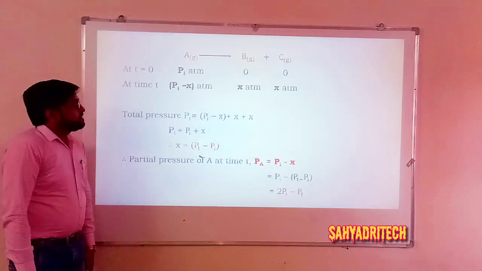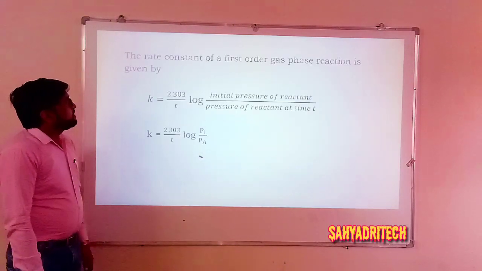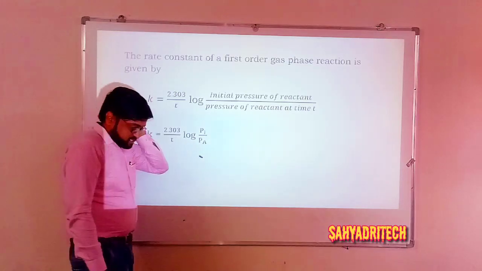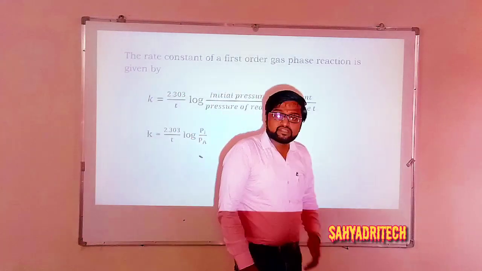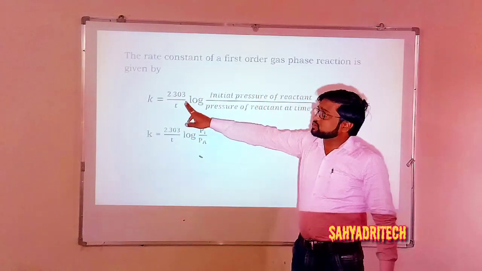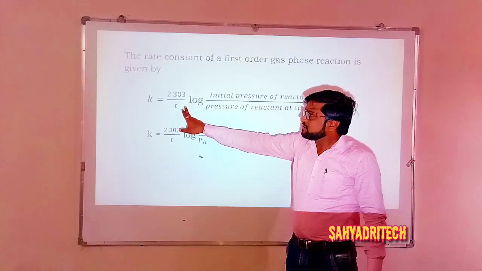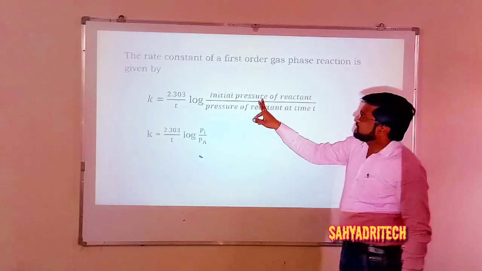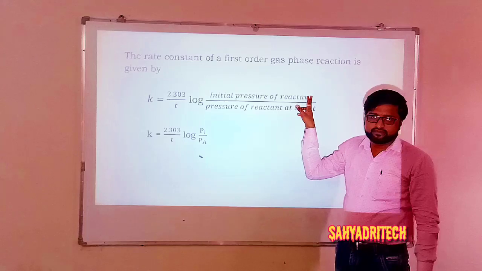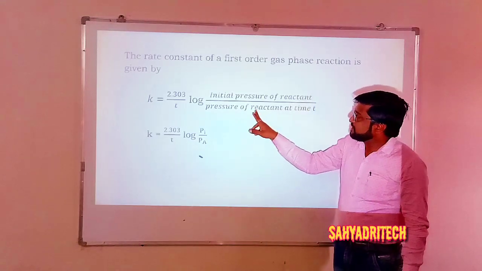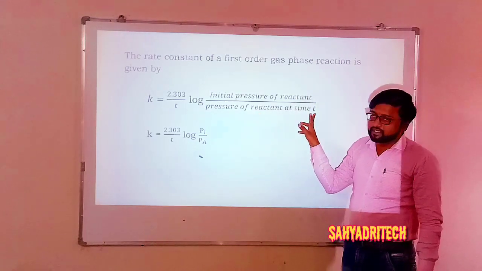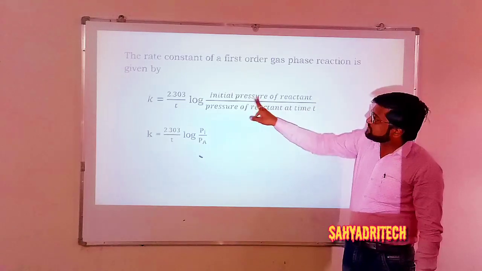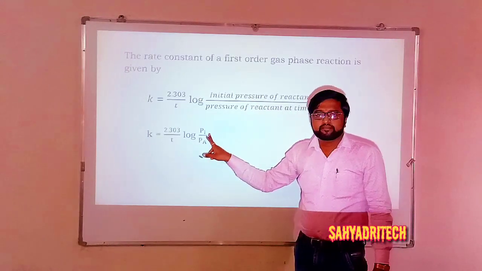Now, if I consider the rate constant of a first order reaction, K is equal to 2.303 by T log of the initial pressure of reactant divided by the pressure of reactant at time T. What is the initial pressure? Pi.